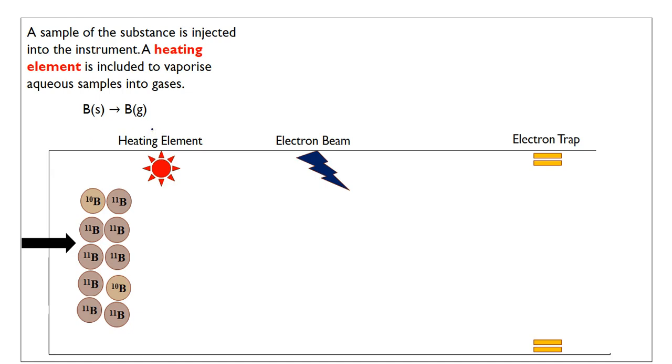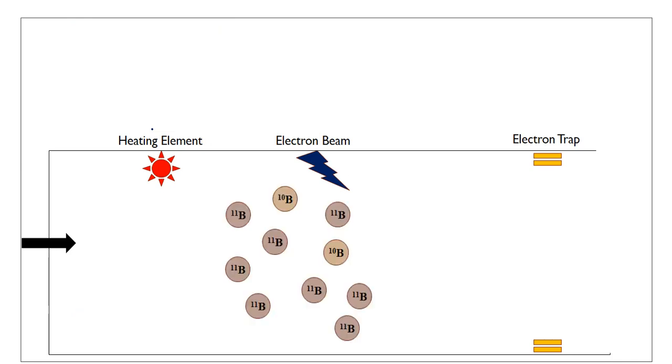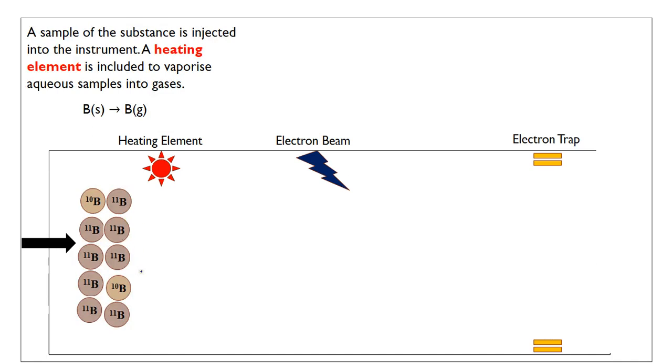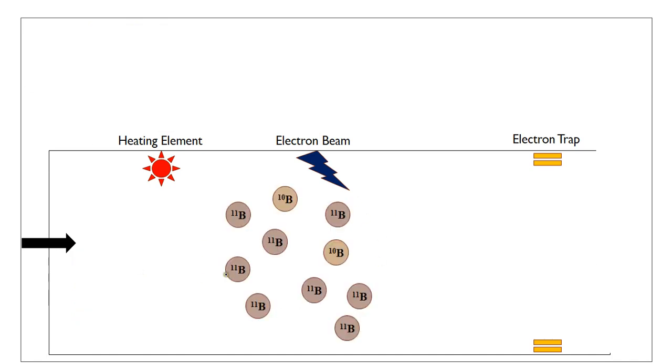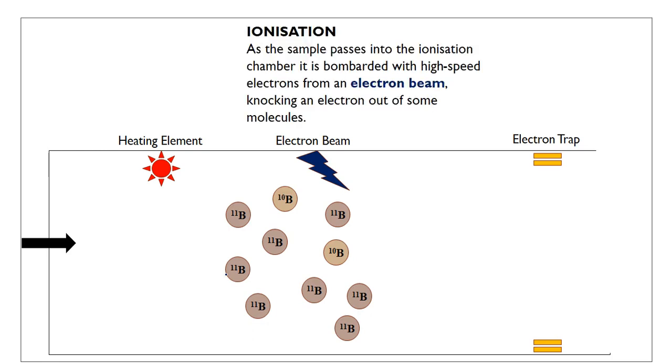And the main reason for this is just to improve the sensitivity of the technique and to speed it up. If something's a gas, it can go through the whole machine a lot more quickly than if it is solid or liquid. So let's say after you heat it up, it's going to turn into gas. So they are a little bit further apart from each other. You have weak dispersion forces between them, and then you actually get to the first step, which is ionization.